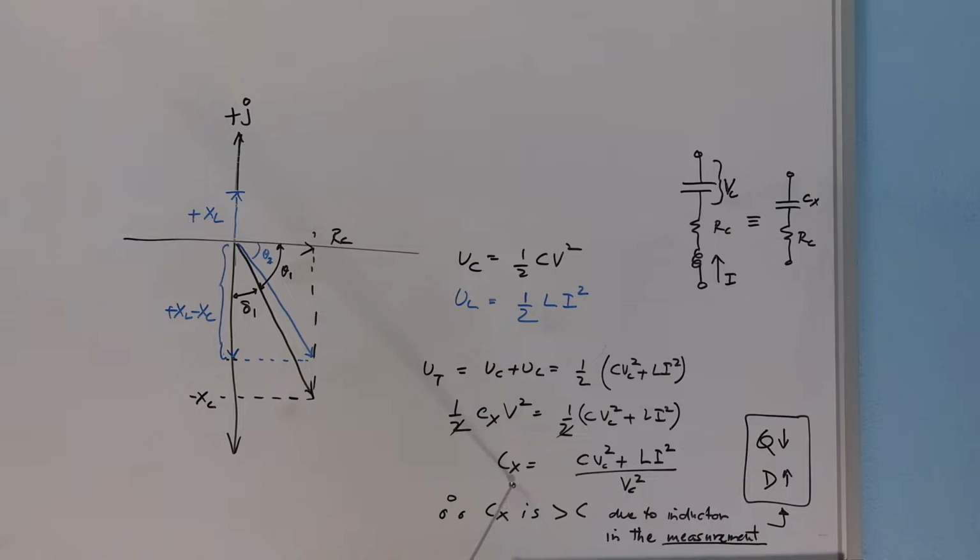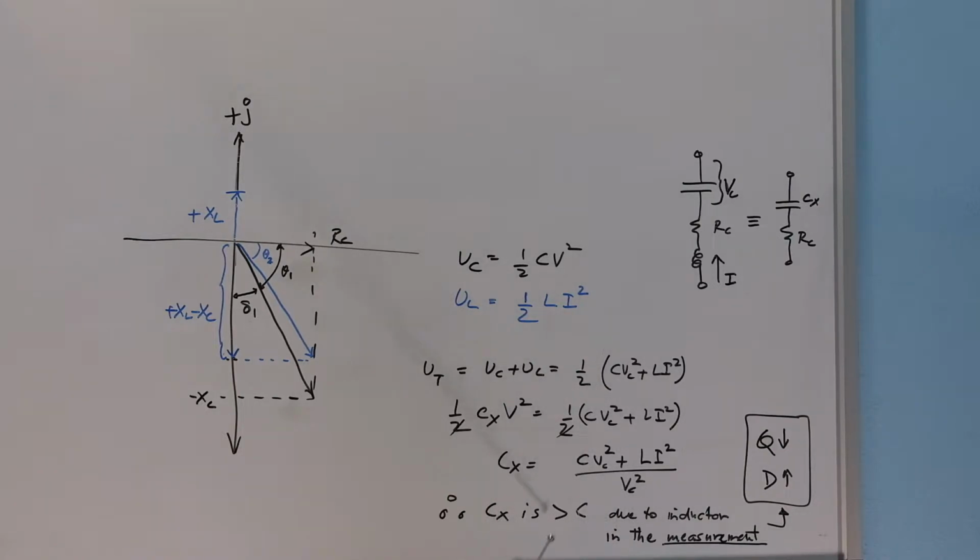So that Cx is now going to be larger than the original C, because you have this L i squared term added to it, which implies that if Cx is larger than C, then you're going to have the capacitive reactance be less than the original reactance of the C itself.